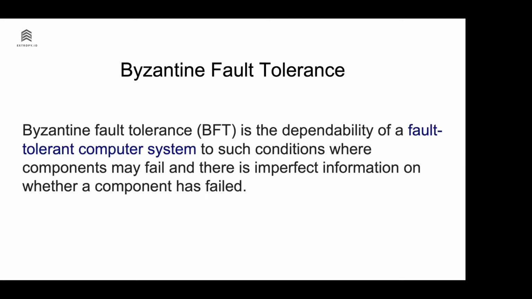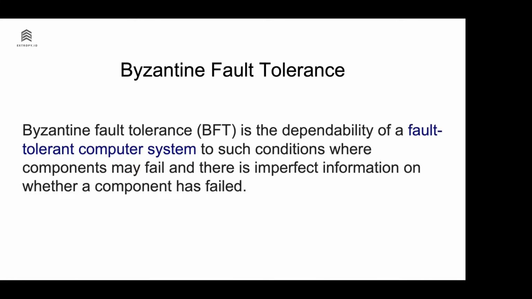Research was done on computer systems in general, looking at fault tolerance. For example, in aircraft, there will be multiple sensors doing the same thing, but they may start to give contradictory results, or they may fail.